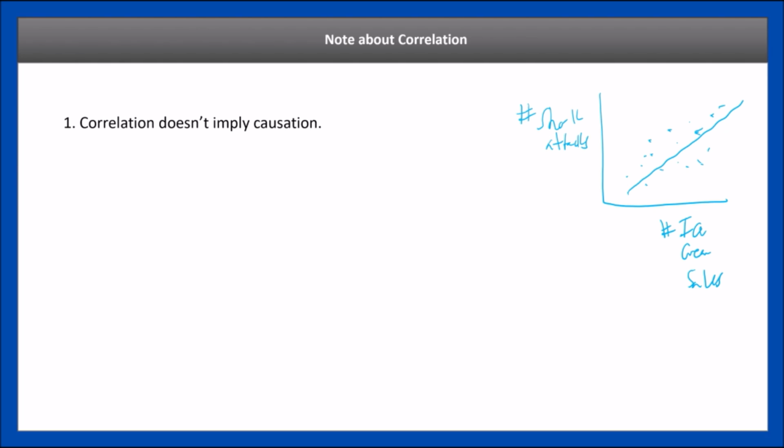So correlation doesn't imply causation. Just because we see a relationship between two variables doesn't mean that one necessarily caused the other. There might be another variable involved that caused it. We call that variable a confounding variable. For example, here you could possibly attribute this to the time of the year, maybe the temperature.